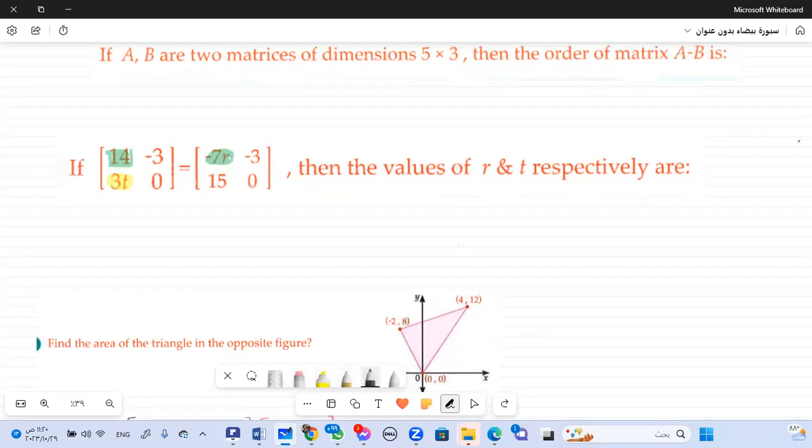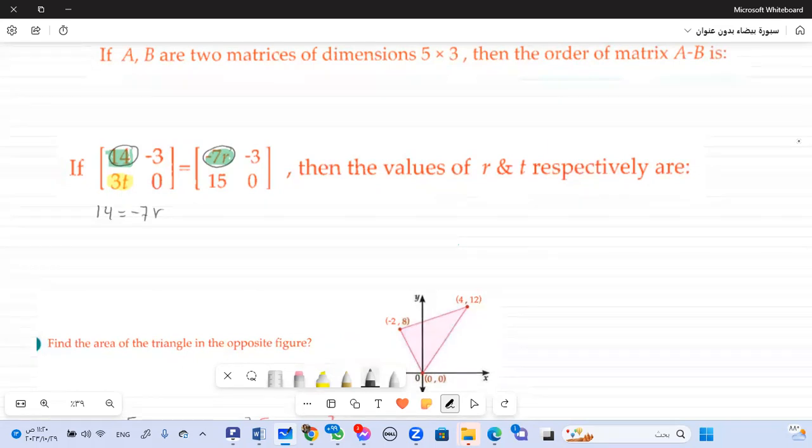If we have two matrices equal to each other, then the first element of the first matrix equals the first element of the second matrix. So it will be 14 equals negative 7r. Solve as equations.